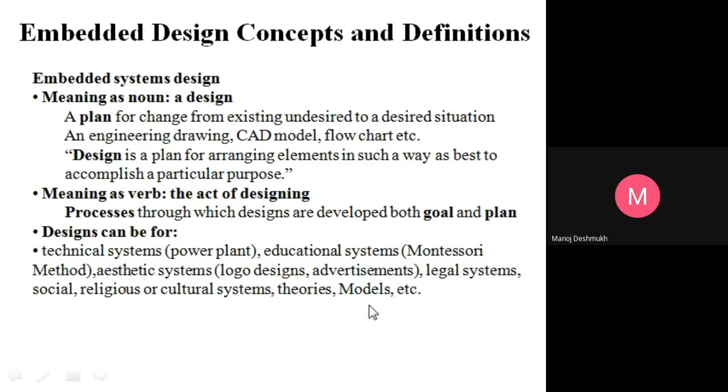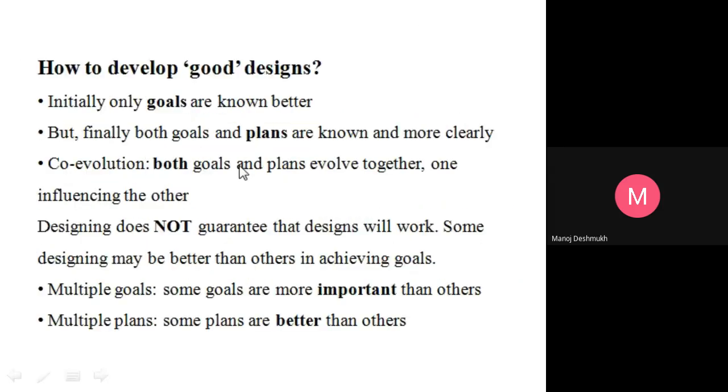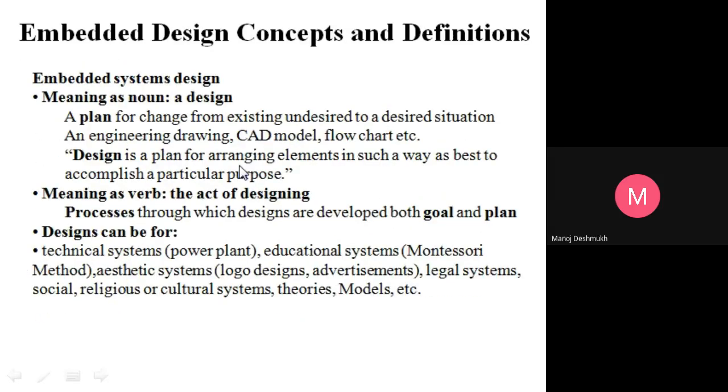And some logos are there, legal systems, social, religious. So a variety of applications are there. These are some specific names where they are used, and based on that particular application we design an embedded system. So we will see that. Write down this only, just general.